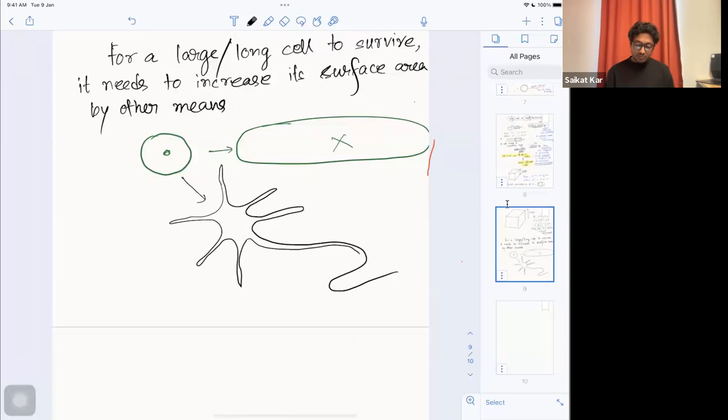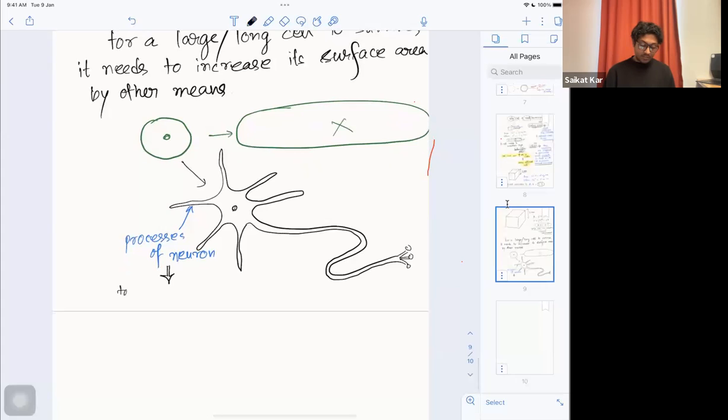It tries to make so many processes. These pointed structures are called processes of the neuron. Why are they making this type of structure? To survive itself, to increase surface area, more and more surface.